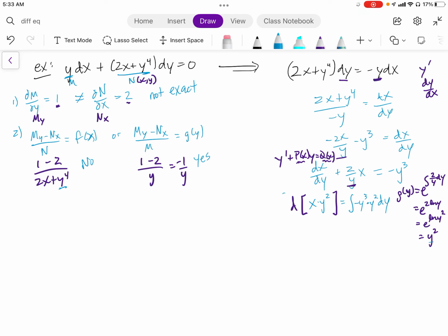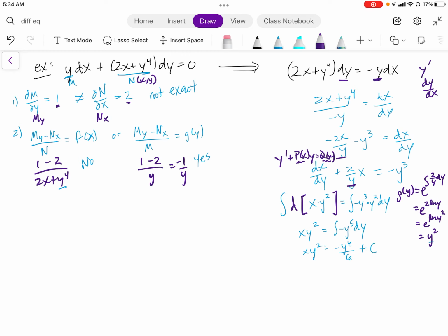Oh, and this side we're also integrating. I kind of threw that out there, but again, at this point, this should be review. Okay, left-hand side, we get xy squared equals integral of negative y to the fifth. So xy squared equals negative y to the 6 over 6 plus c.